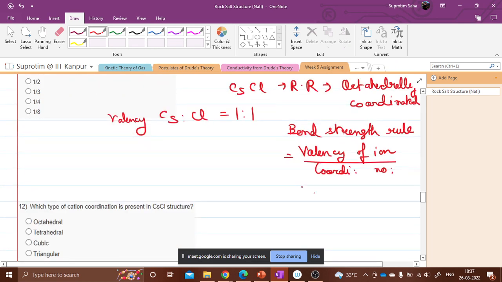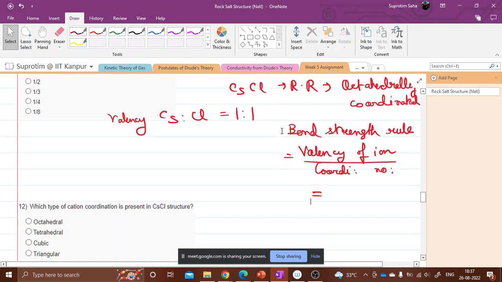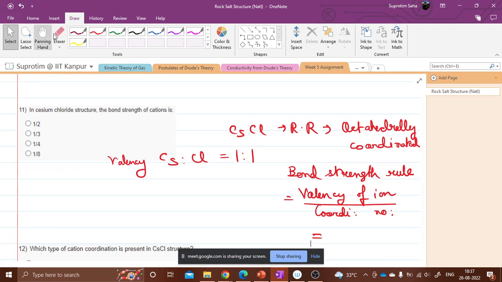So valency in that case is 1. Sorry, this is not octahedral. Sorry, this is cubic, actually cubic.